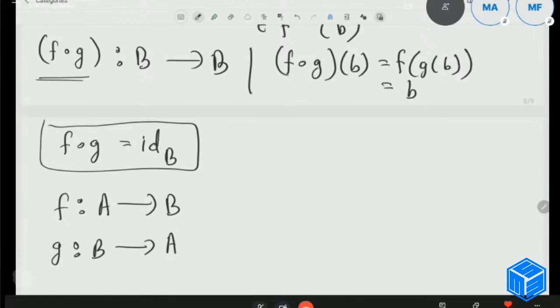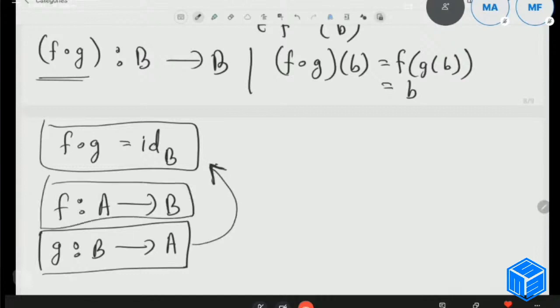An arrow from B to A is just something that satisfies this relation. Well, that's not true for every arrow, of course. For every different f, you're going to have a different set of arrows from B to A. Right? Yeah.